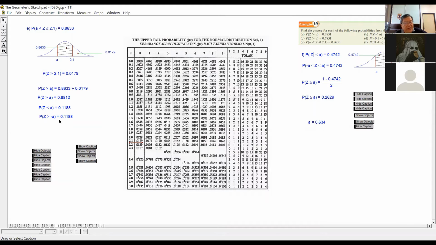How about the upper tail? Upper tail 0.1188, what is it? Find from the table here. Bear in mind that this A here is negative. So we look at the table. 0.1188 lies between 0.1190 and 0.1170. Now what is the difference between 90 and 88?